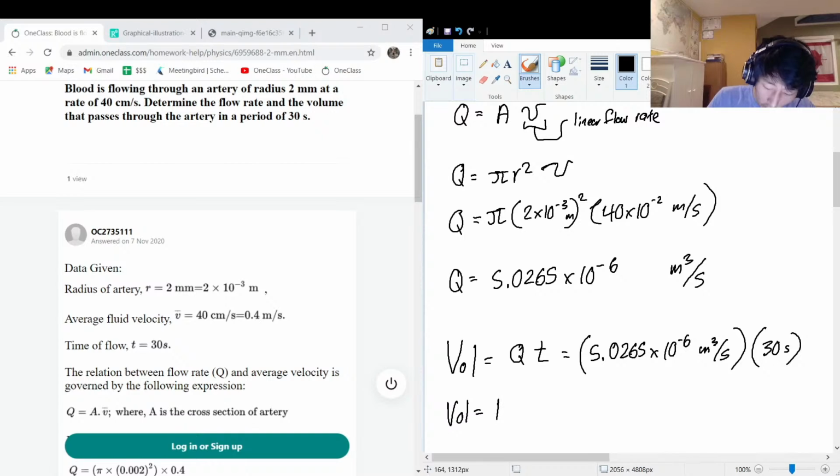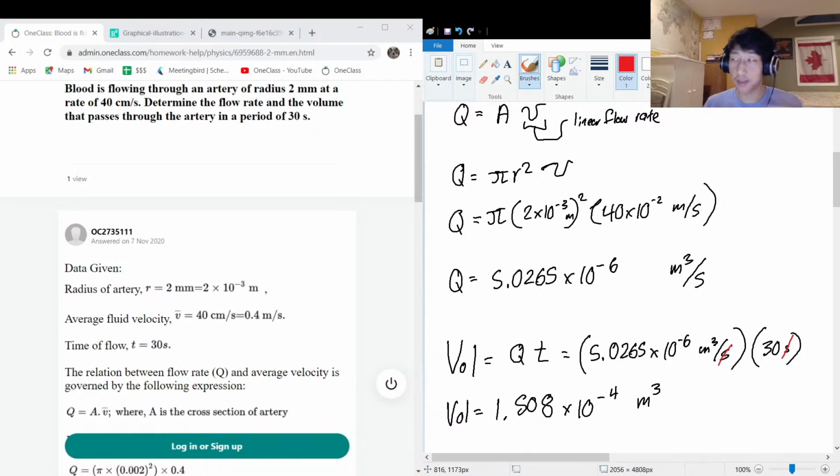Our total volume is 1.508. I'm rounding up because it's actually 1.5079, multiplied by 10 to the negative 4 cubic meters, not per second anymore, because the seconds on the bottom and the seconds we multiplied by cancel each other out.